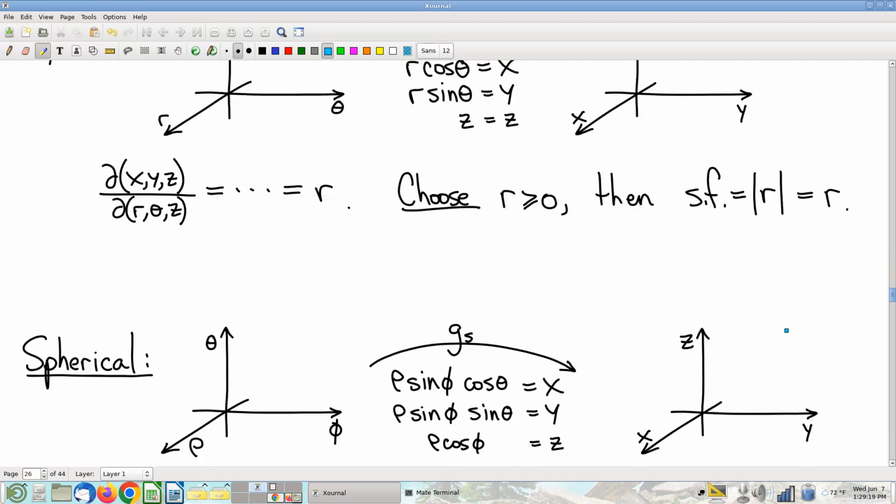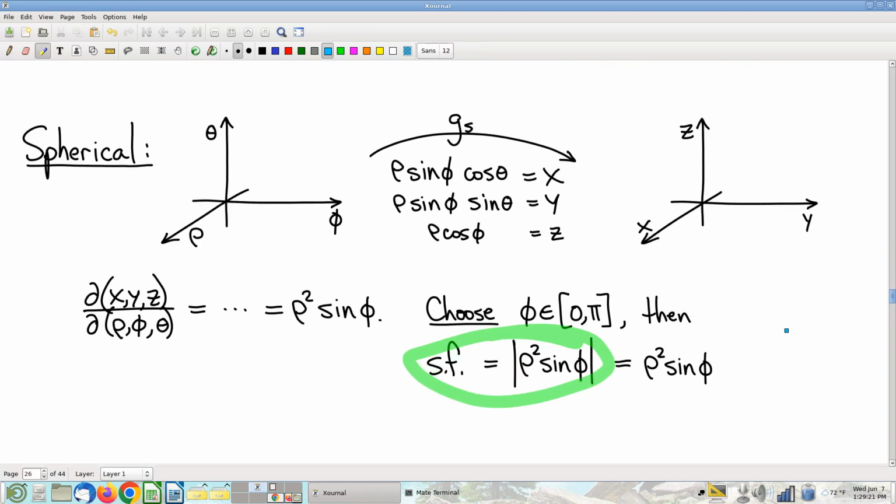Now, the tricky bit is with spherical. A lot of people get this wrong. I've seen this, especially with students who have had high school multivariable courses. A lot of students think, okay, well, wait a second. r is the polar thing that has to be positive, and spherical rho is kind of like it, so I guess rho needs to be positive.